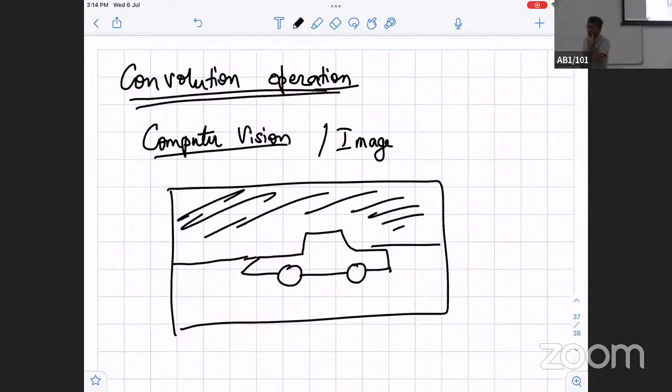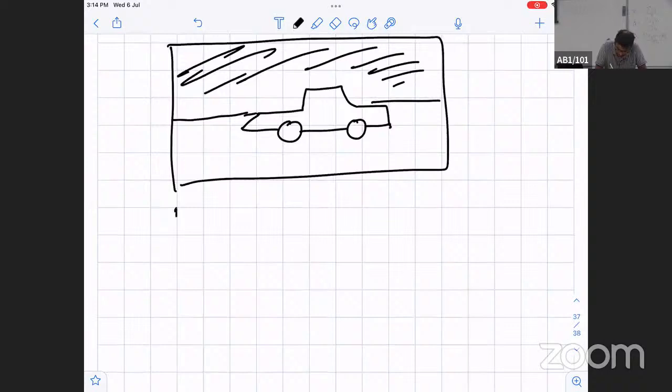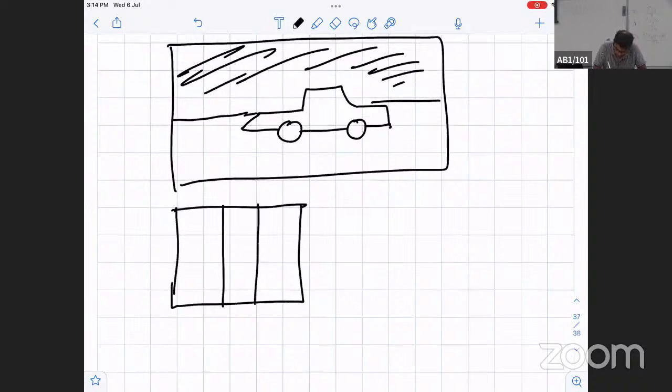So this is my input to my learning algorithm. The total number of pixels is width times height. If it's a movie, then there will be a time dimension as well. Now consider an operation like this. Imagine a 3x3 grid: -1 -1 -1, -1 8 -1, -1 -1 -1.